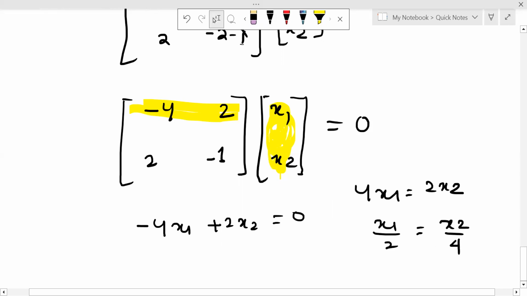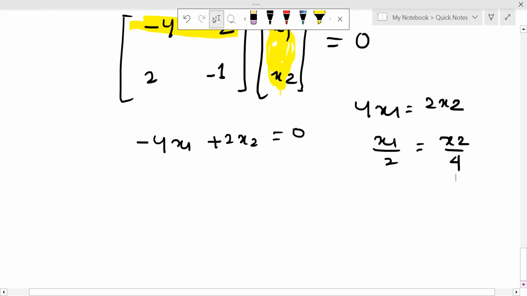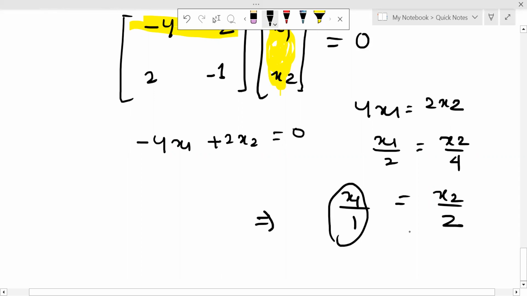That is also x1 by 1 is equal to x2 by 2. So the value of x1 is 1 and x2 is 2.